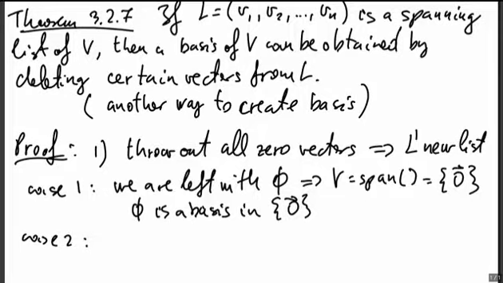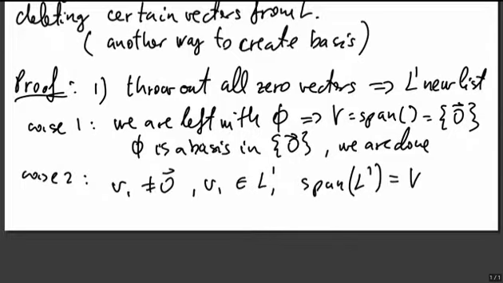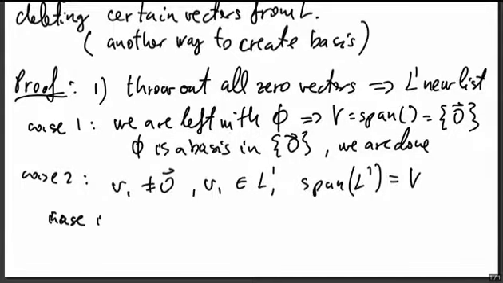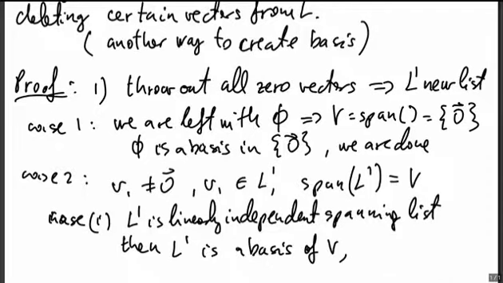We are done. Then case 2, if we have a non-zero vector in the list, still what we have is, after throwing out the zero vectors, still we must have a spanning list. So we still have that the span of L prime equals V. Then we have a subcase that L prime is linearly independent. It's a spanning list, then that means it's a basis of V. And again, then we are done.